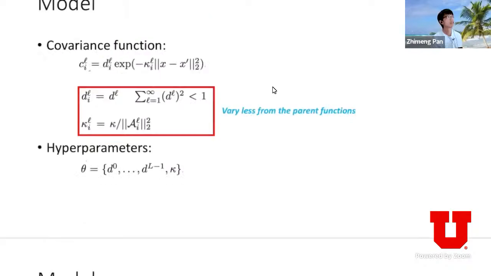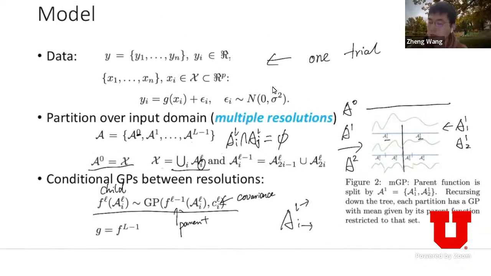Although they describe how they construct the hierarchical structure, you can treat it as a way to construct the kernel function, not the GP itself. You can simply treat all these procedures as procedures to construct a complex kernel function.